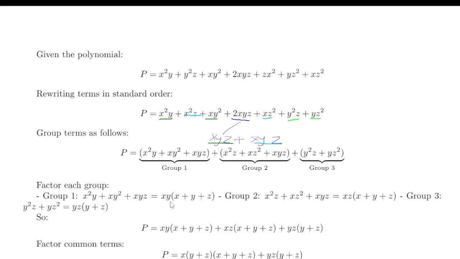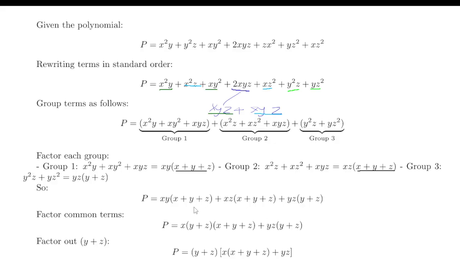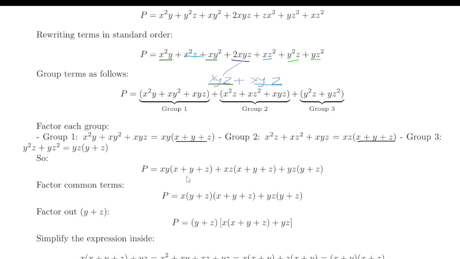Now, looking at the first two groups, we can factor out the x plus y plus z. Here's how you write it first, just combining these groups factored.